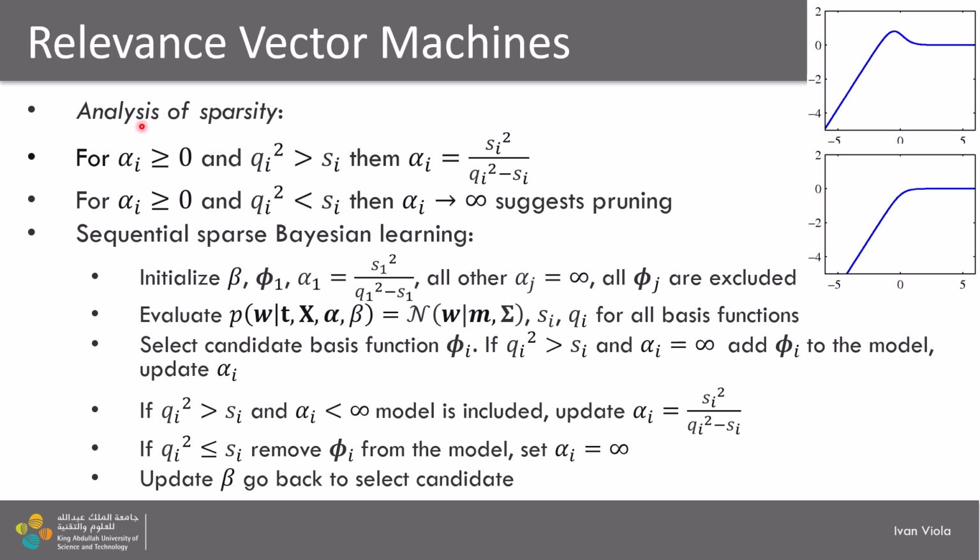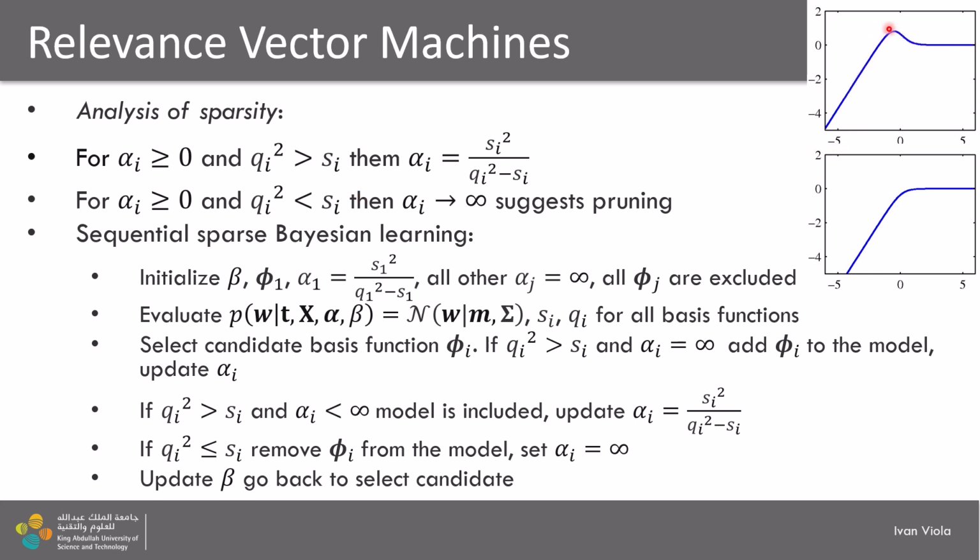So if the alpha I is bigger than 0 and the Qi is bigger than the Si, then in fact we will have the following kind of a function here, which is the function of the lambda, and so that basically is if our Qi squared term is bigger than Si, then our function profile will look like this.